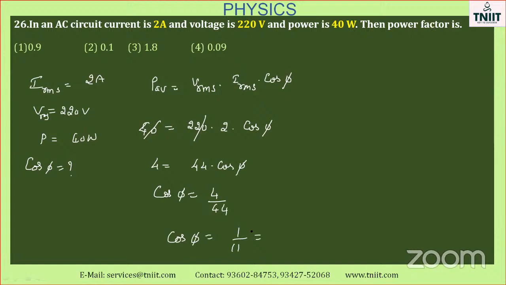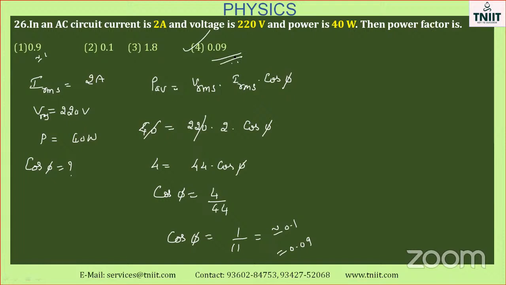The answer should be close to 0.1, right? 1 by 11 is close to 0.1, 0.09. So option 4 is the right answer. So the answer should be 0.09.